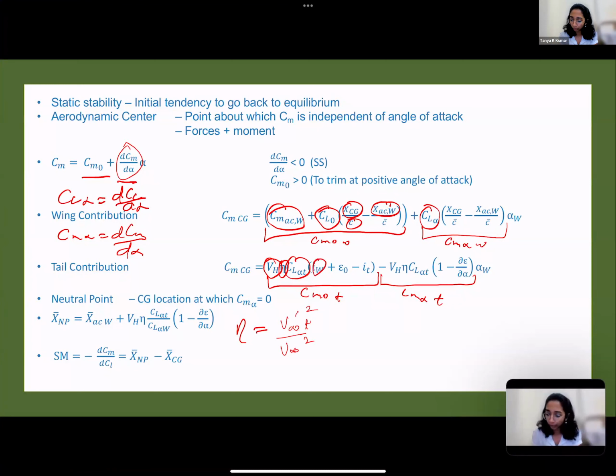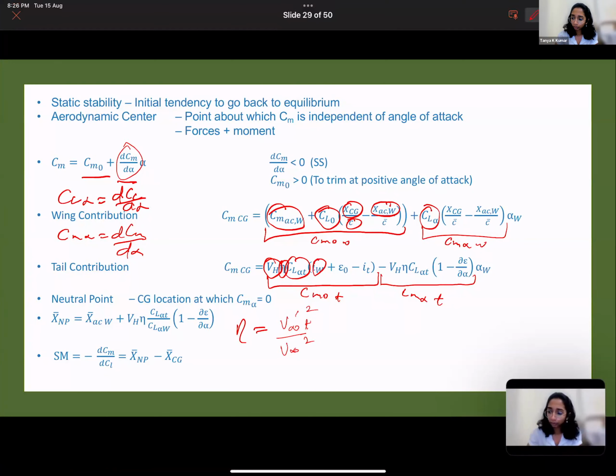IW. What was IW? Wing angle deflection. Can you explain what you mean by wing angle deflection?